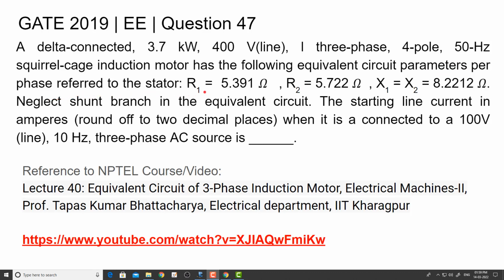R1 is equal to 5.391 ohms, R2 is equal to 5.722 ohms, X1 equal to X2 equal to 8.2212 ohms. Neglect the shunt branch in the equivalent circuit. The starting line current in amperes, rounded to 2 decimal places, when it is connected to a 100 volts line, 10 Hz 3-phase AC source, is?